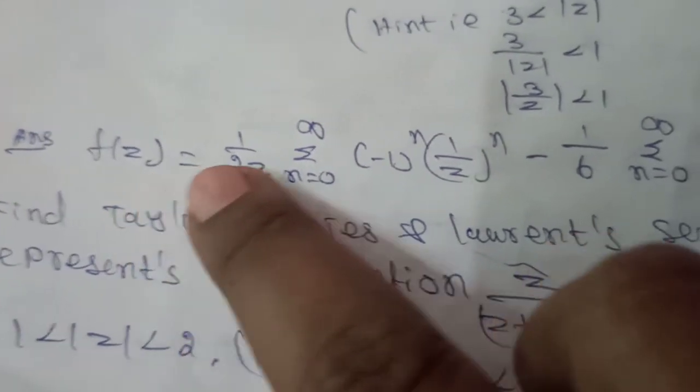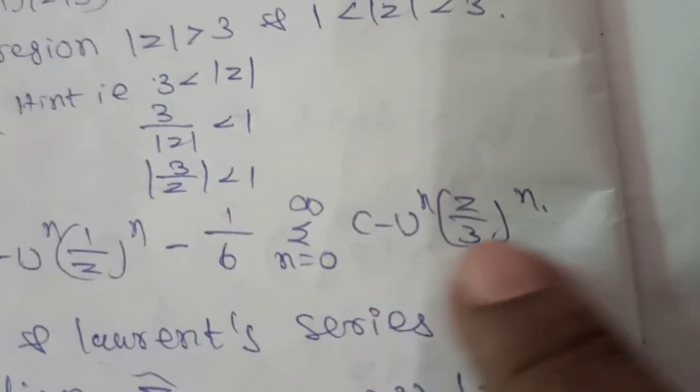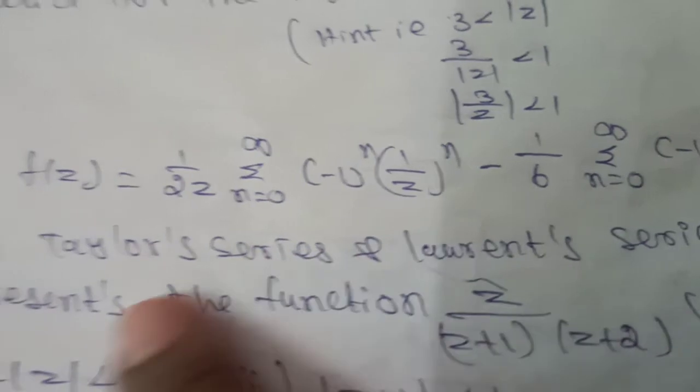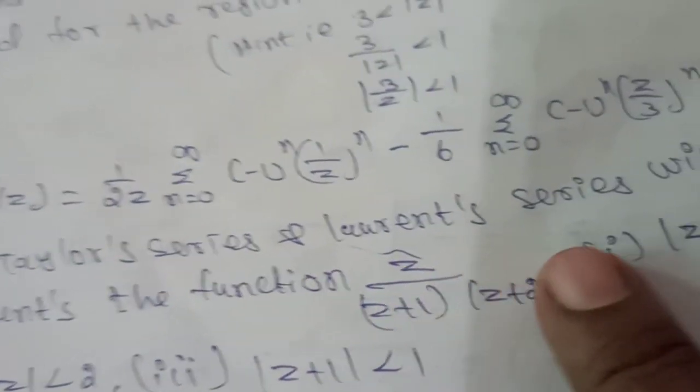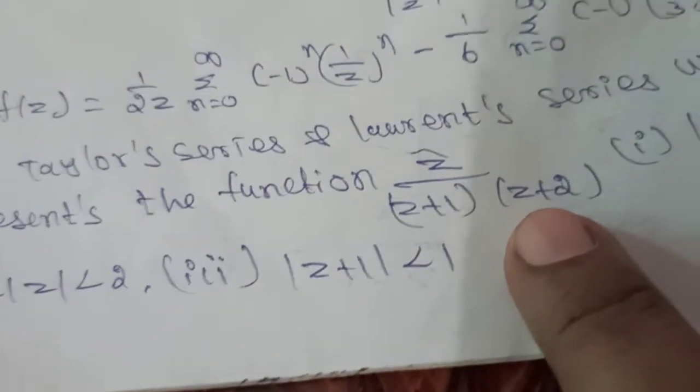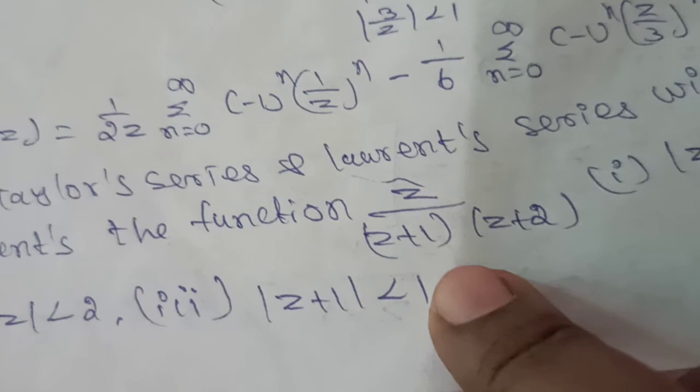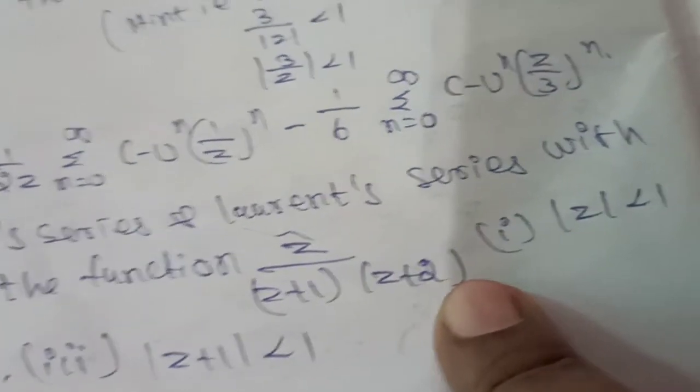This problem's answer you know. Next question: find the Taylor series and Laurent series for the function f(z) = z / ((z + 1)(z + 2)).